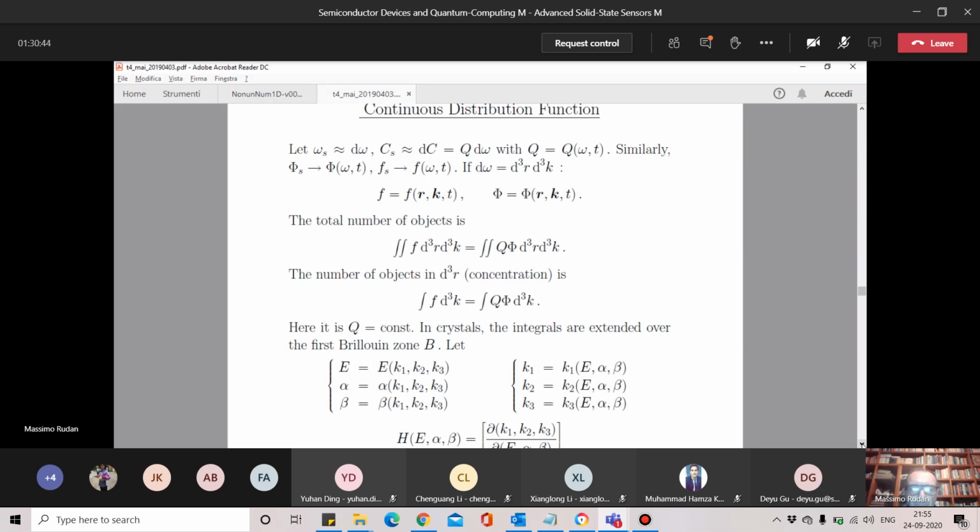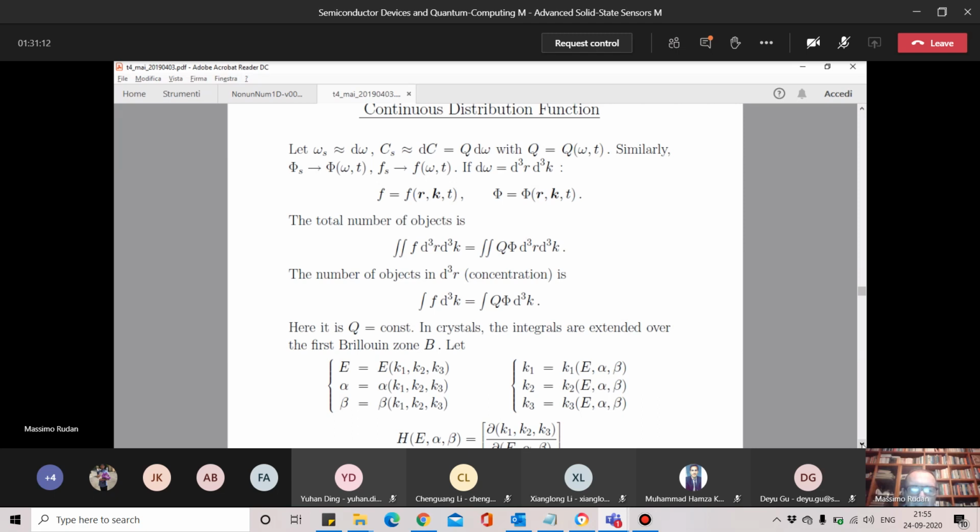So now we have the picture in which the distribution function depends on R, K, and t, and the probability of occupation depends on R, K, and t. So what is now the meaning of the distribution function?